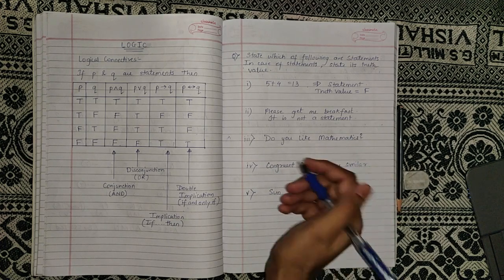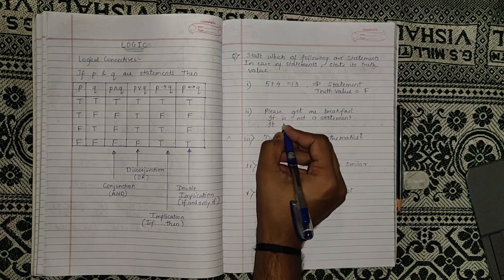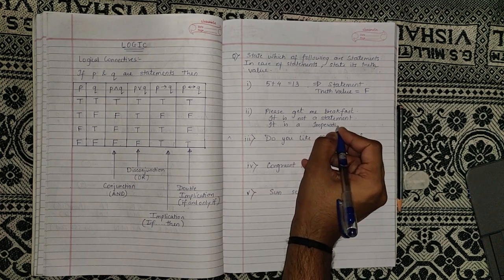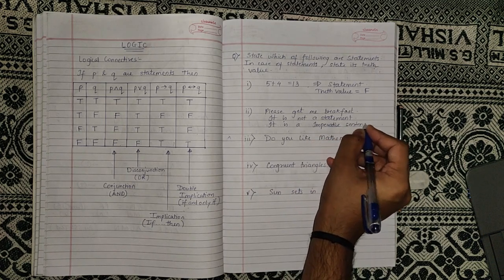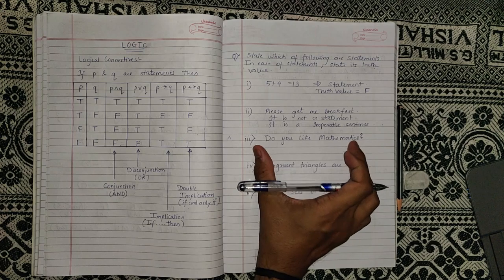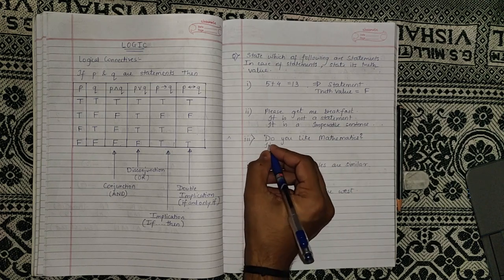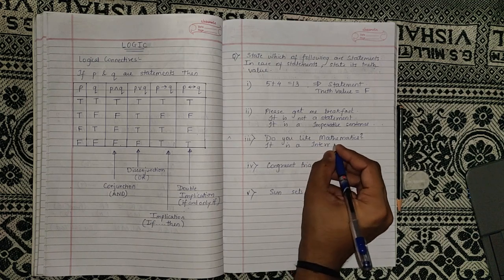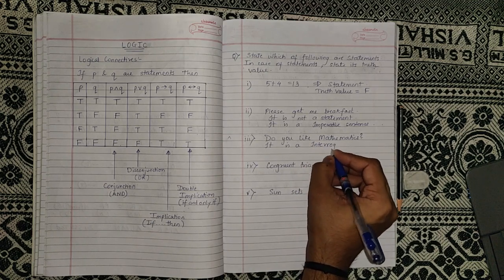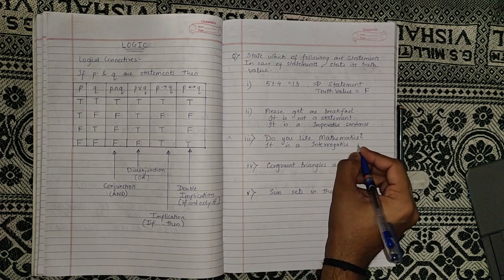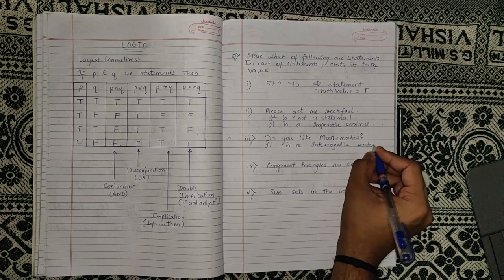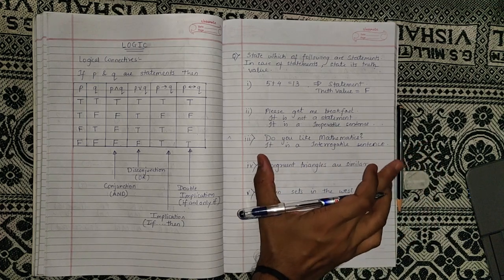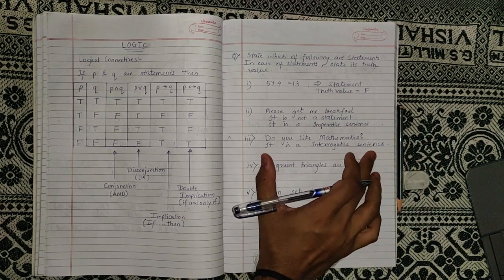I'll write the types over here: imperative sentence, and since it is asking a question, it is an interrogative sentence. So this is not a statement, so we can't write its truth value.